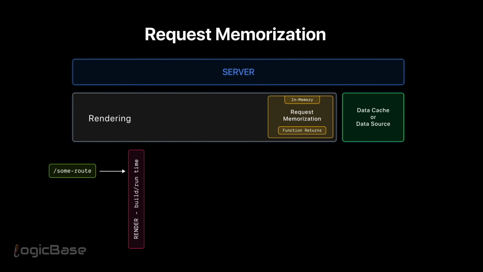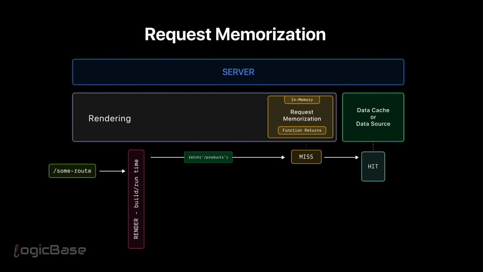When a client hits a route, it can happen either at build time or at runtime. But when it hits for the first time, say it hits the fetch products route, naturally, the first time the request memoization will be missed. Then it will go to the data cache or data source. When it hits there, it fetches the data and finally creates a promise, which it saves.